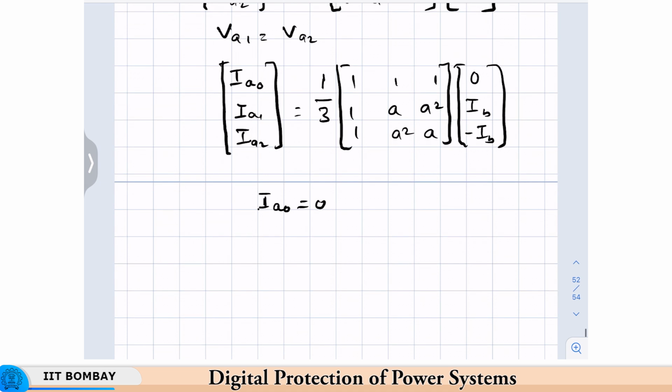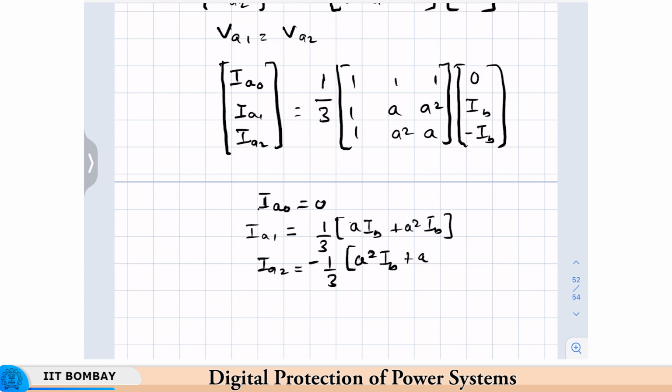And what is IA1 and IA2? IA2 is A square IB plus A times minus IB, which means IA1 equal to minus IA2, or IA2 equal to minus IA1. Okay.